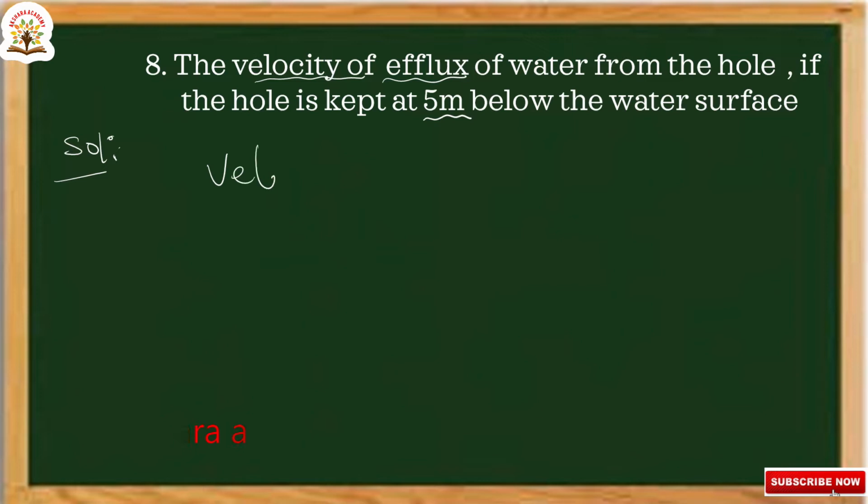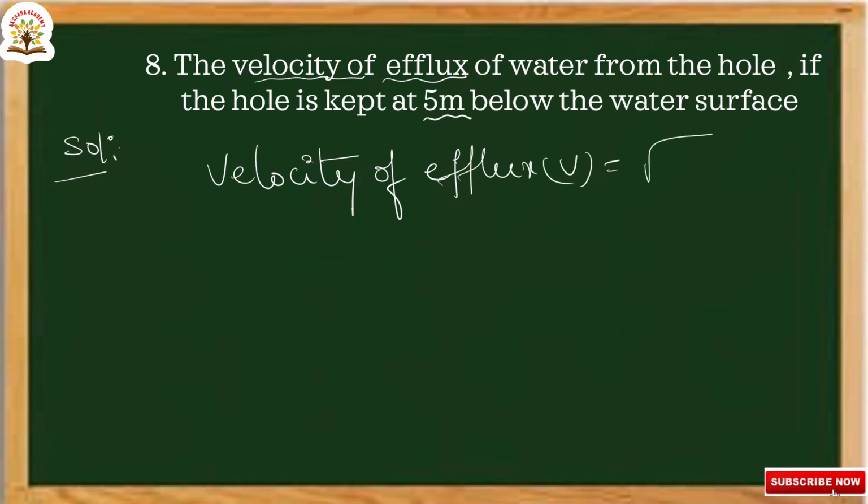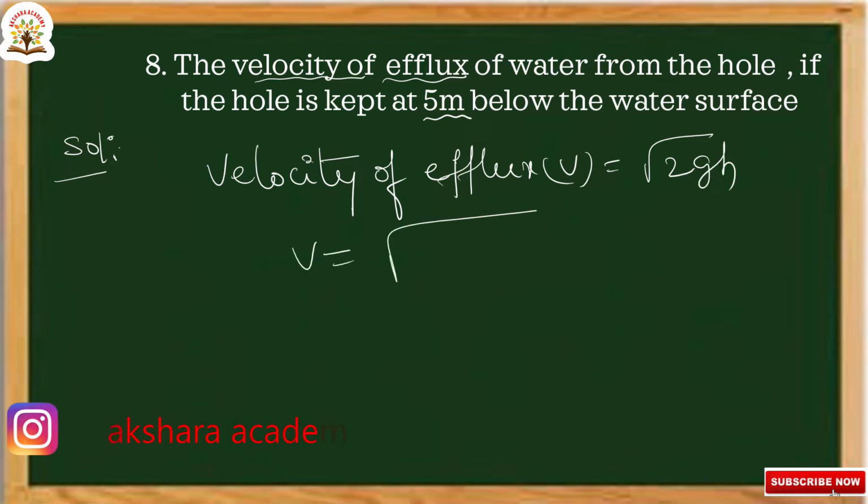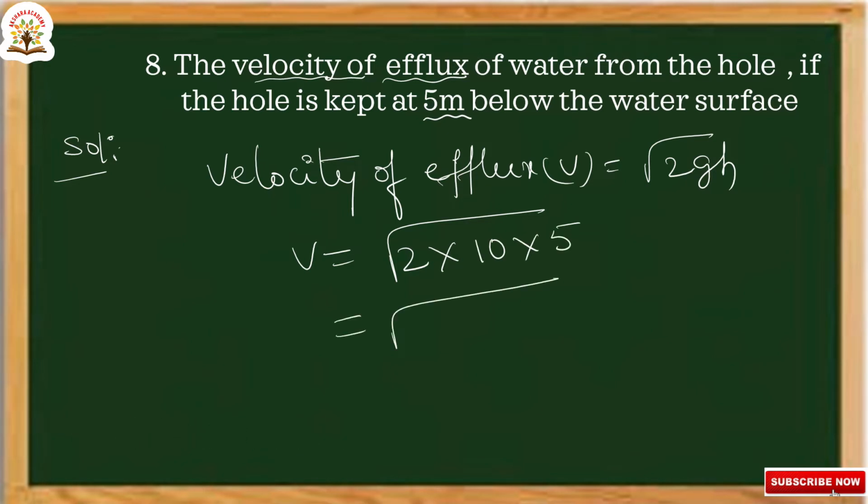Velocity of efflux V is equal to square root of 2gH. So, that is equal to root of 2 into g, 10, and height they given as 5. So, 2 fives are 10, 10 into 10 is 100.